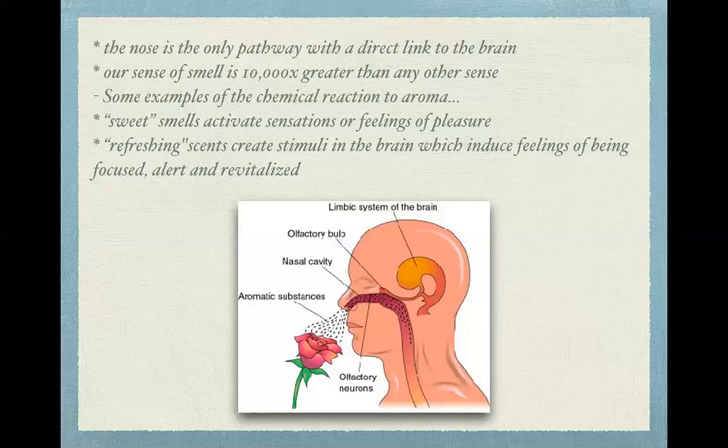Sweet smells activate opioid systems in the brain, and they release hormones that induce sensations or feelings of pleasure, which is why cupcakes smell so delicious. Oils that produce a similar effect would be rose, jasmine, ylang ylang, and lavender. Refreshing scents create a stimuli in the brain, which induce feelings of being focused, alert, and revitalized.